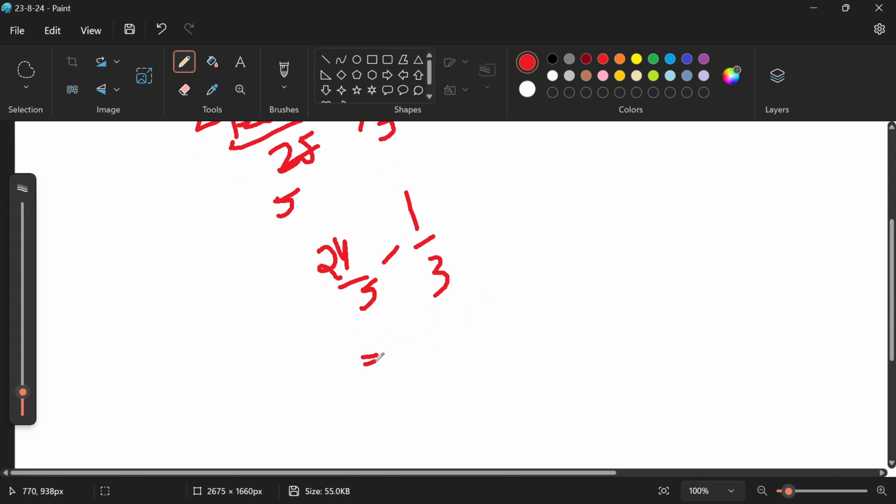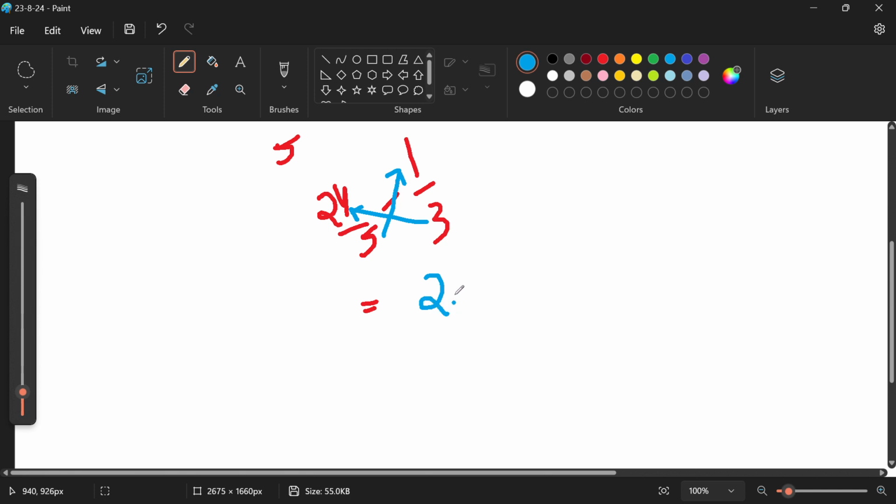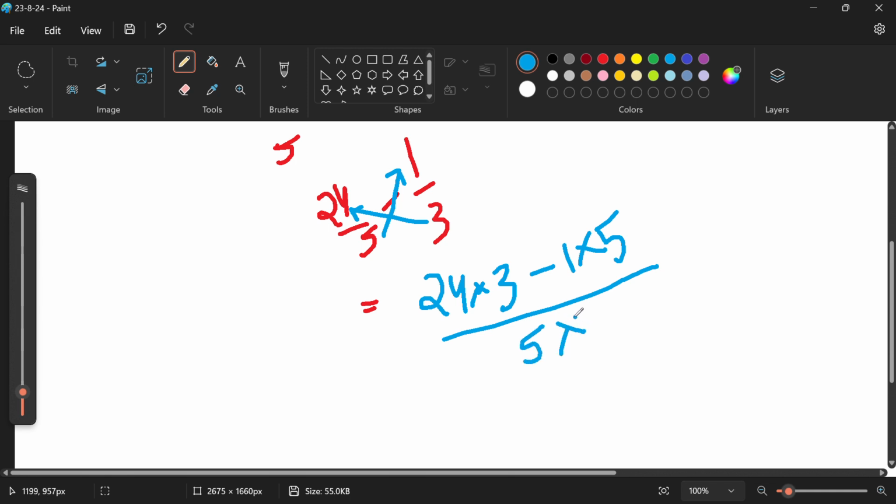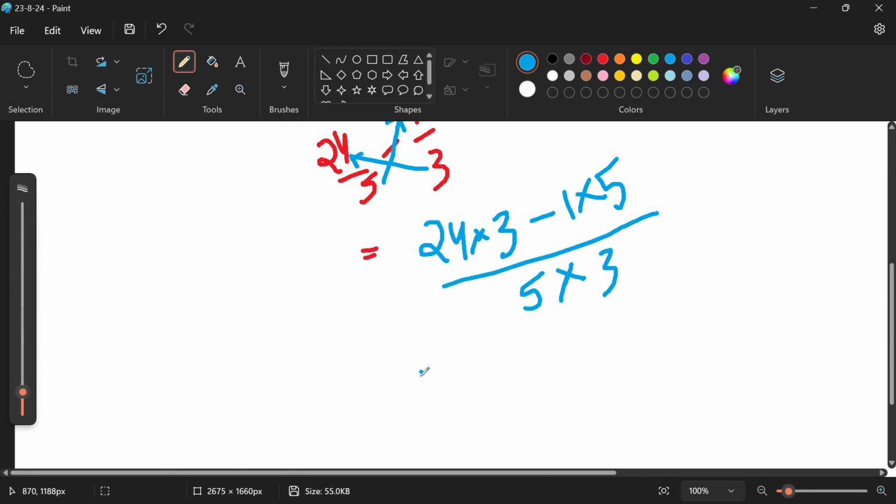Then we have to do cross multiplication. So 24 into 3 and 1 into 5. The result will be 24 times 3 minus 1 into 5, and at last we multiply both the denominators, which is 5 into 3. So the result is 72 minus 15 by 15.